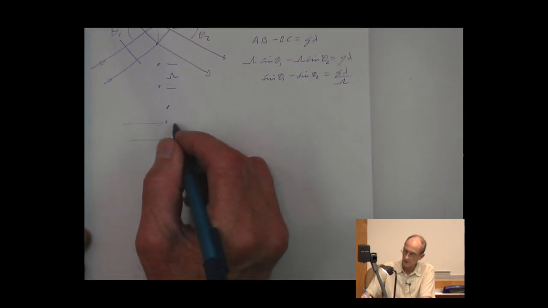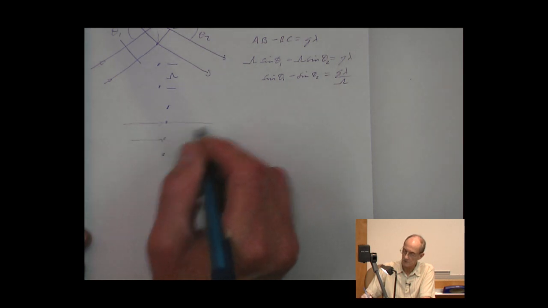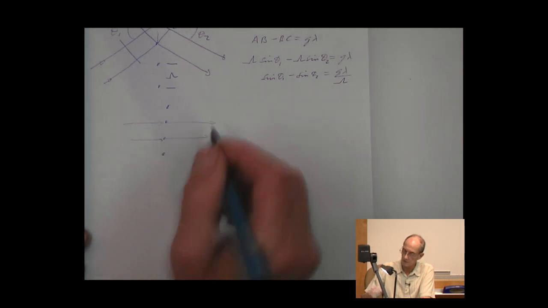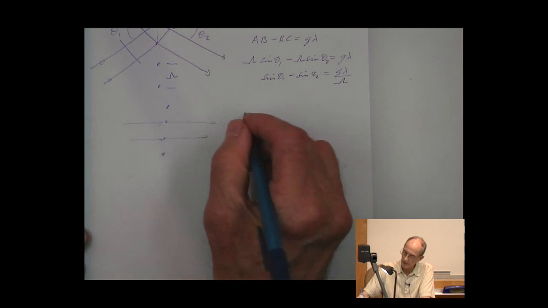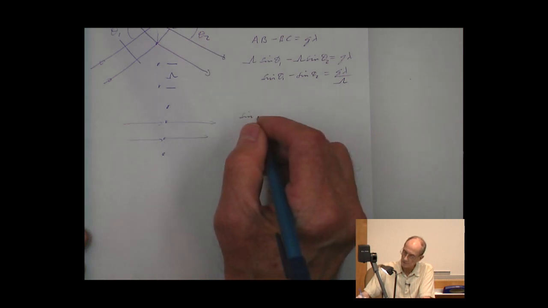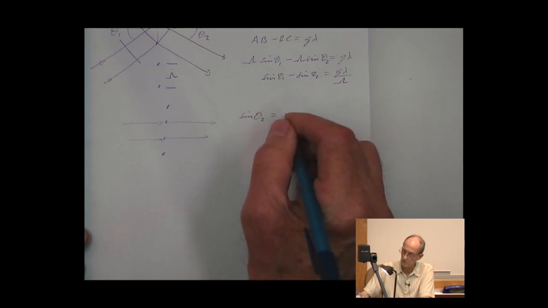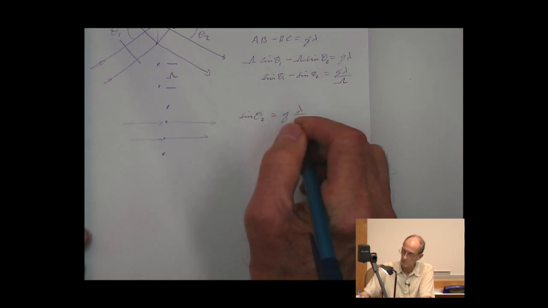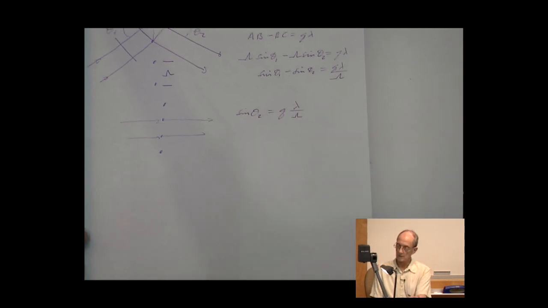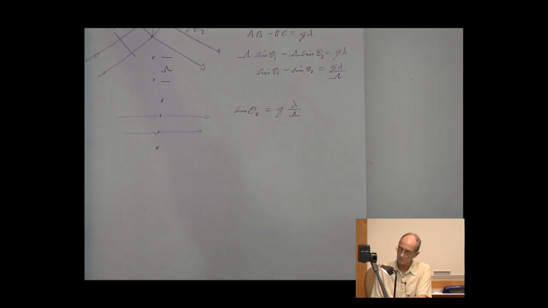The zero order is going to go straight through, and now we have just sine theta 2 for the diffracted beam equal to Q lambda over the period.